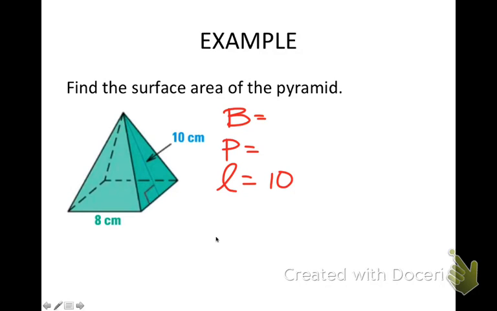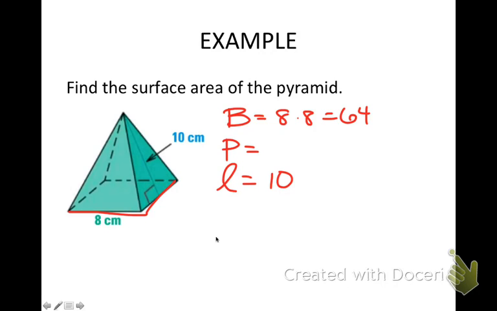What's the area of that square base? Area would be base times height, length times width, side times side. It's a square. So 8 times 8, which is going to be 64.